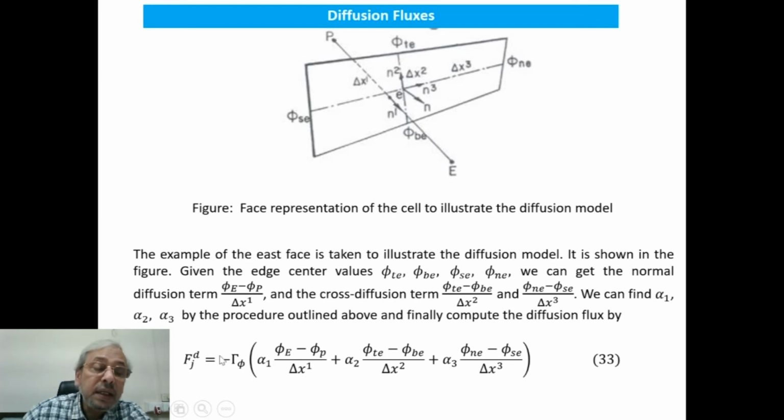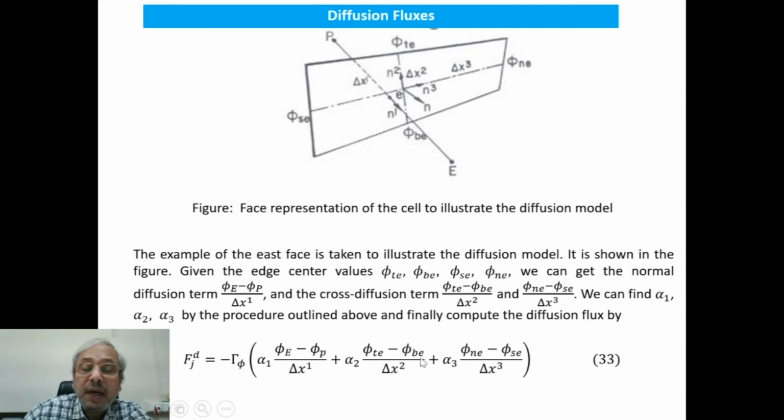and then we can write that the diffusion flux is basically, this is the diffusion coefficient into alpha 1, then this is the normal diffusion, phi E minus phi P by del x1, and these are the cross diffusions, alpha 2 phi TE minus phi BE by del x2 plus alpha 3 phi NE minus phi SE by delta x3.